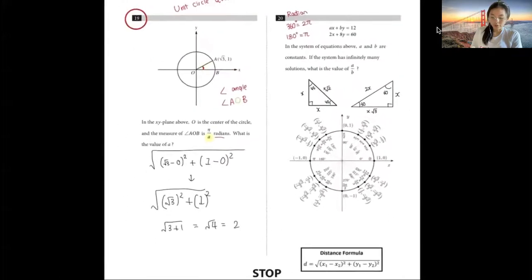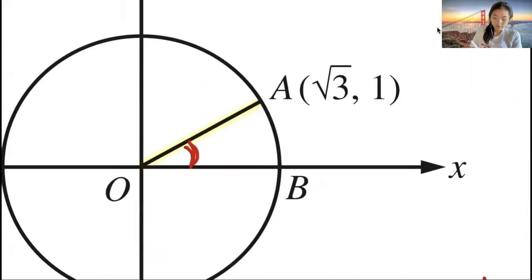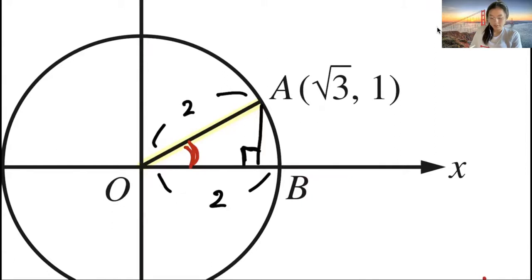So now we know this length. That's going to be 2. And that's going to be 2 as well. And this is going to be 90, right? From this, well, we actually don't even need to know, sorry, this part doesn't matter because we're not measuring that.